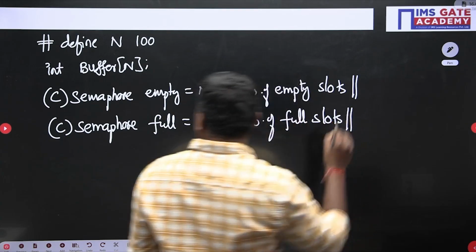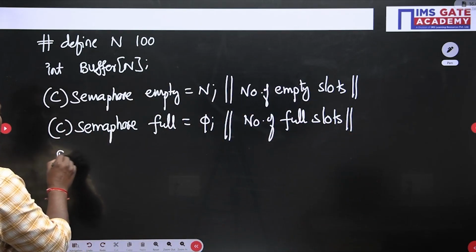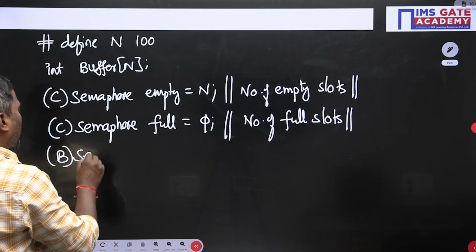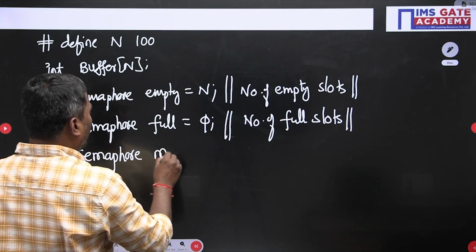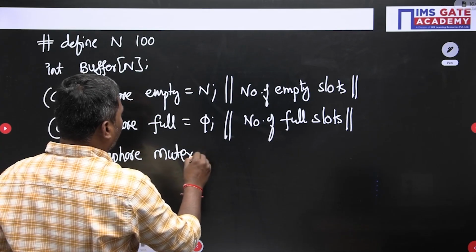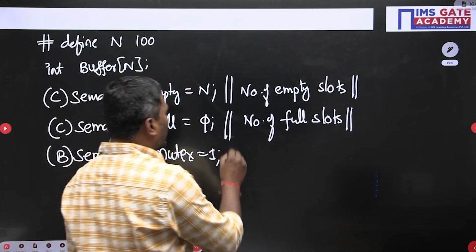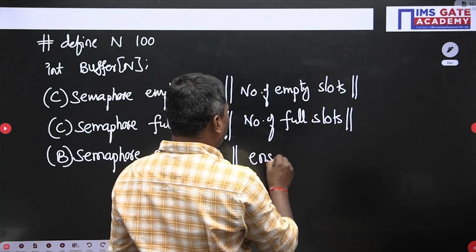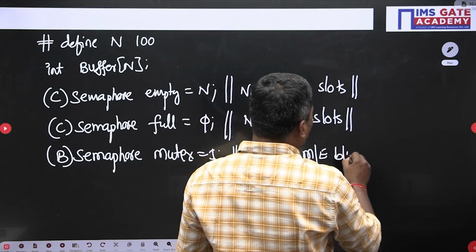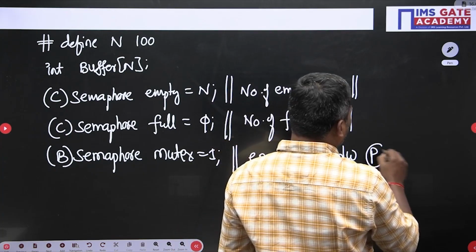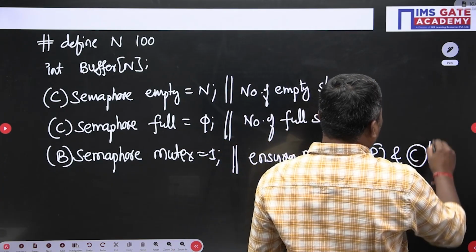Now I take a binary semaphore mutex, initialized to 1. It ensures mutual exclusion between the producer process and the consumer process to access the buffer.